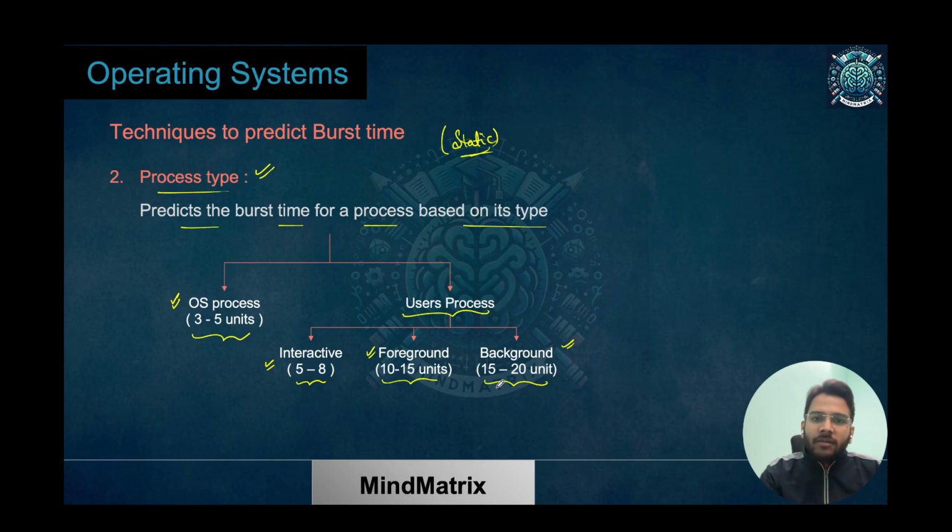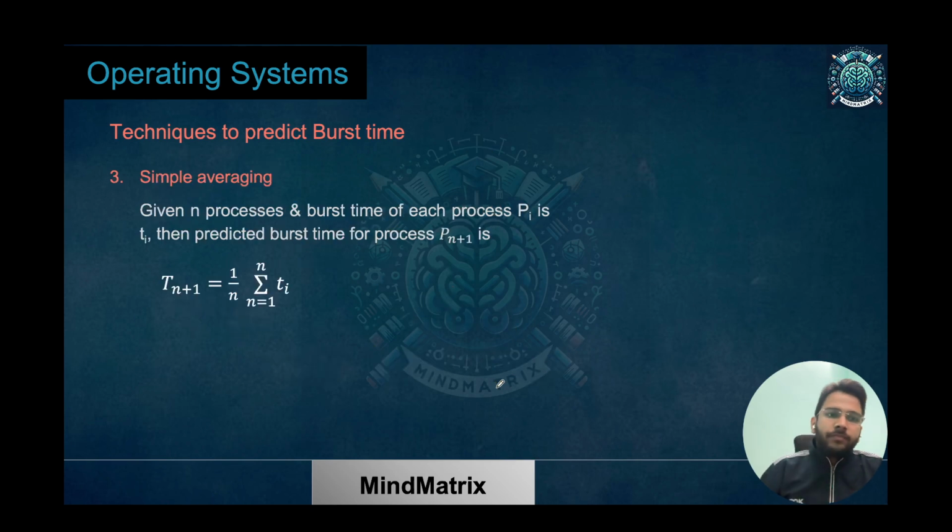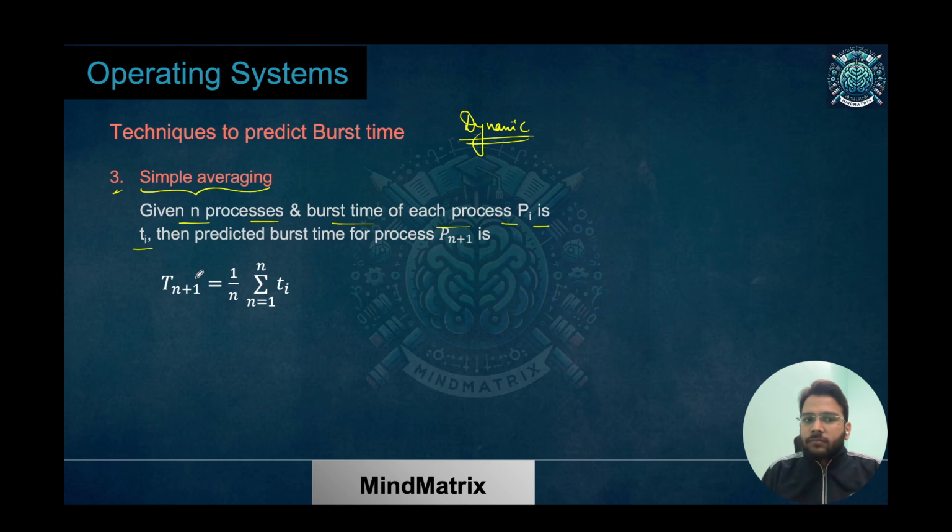But static is not going to be correct or close to what it should be, right? So then we talk about dynamic prediction of burst time. For that, we first have a technique, simple averaging. Basically, we are going to take the average of all the processes. So let's see here, given n processes and burst time of each process Pi is ti.